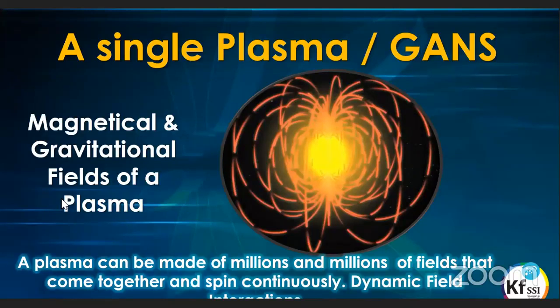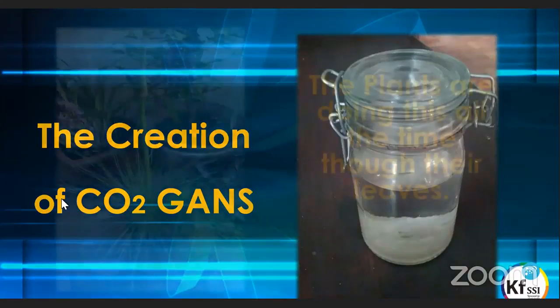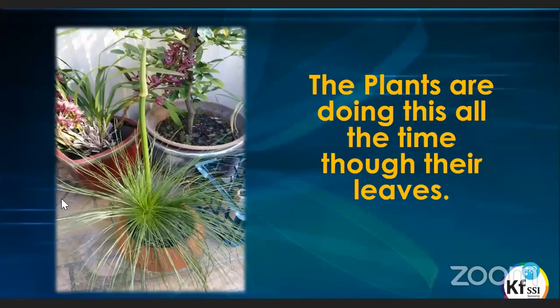Right, so now we'll go on to the creation of CO2 GANs. The plants all around us are doing this all the time through their leaves. So it's nothing new. It's just something that we've never understood. And now we can also produce our own CO2 GANs.